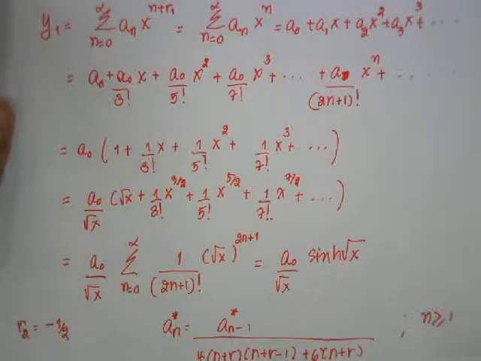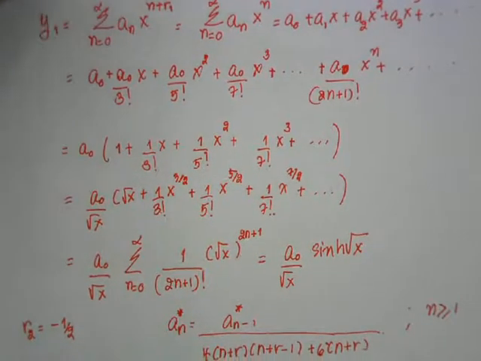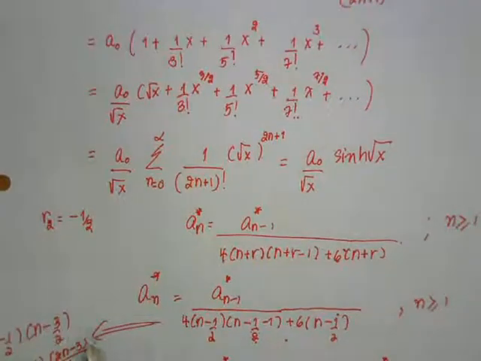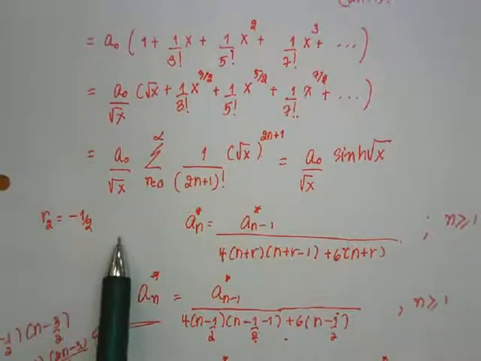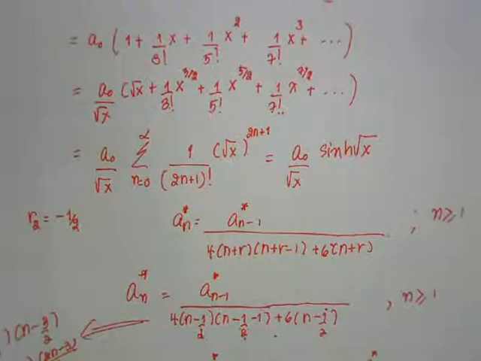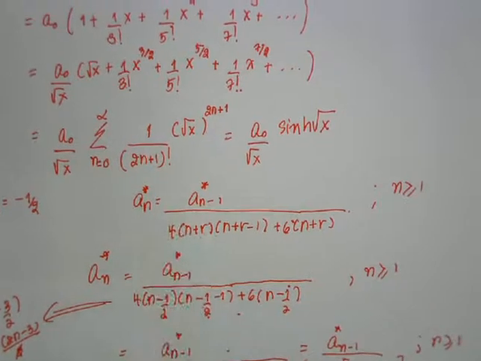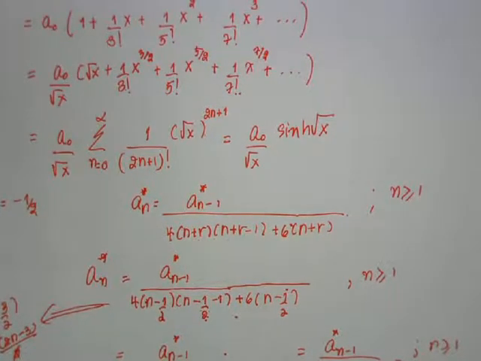Okay. Now for our second solution, we just replace r equal to minus 1 over 2 to get another recurrence relation. And from that, I would put it as a star, because if I put it as an, we're just getting confused with the first case.